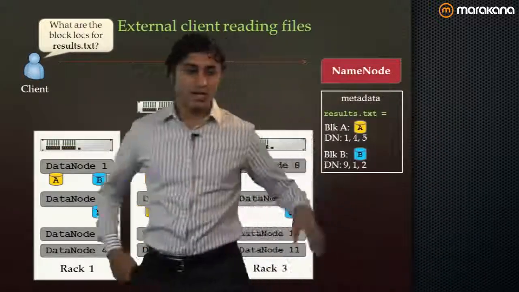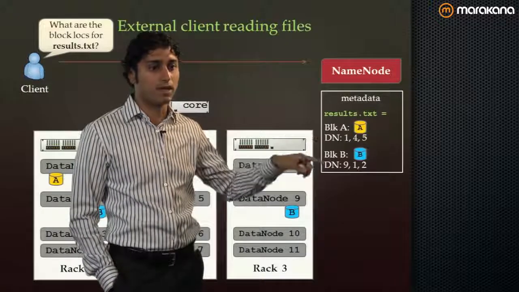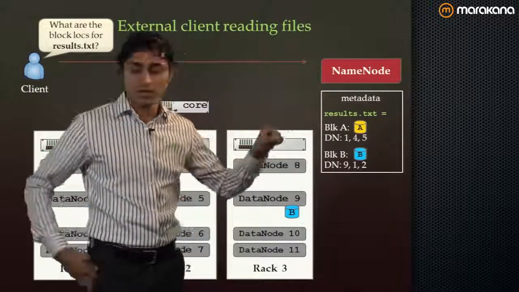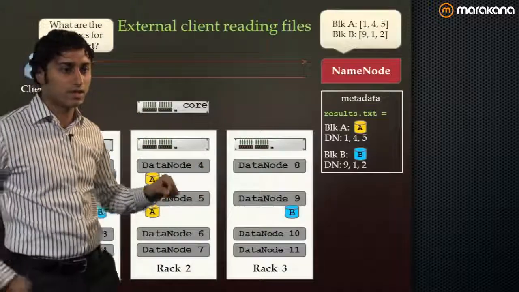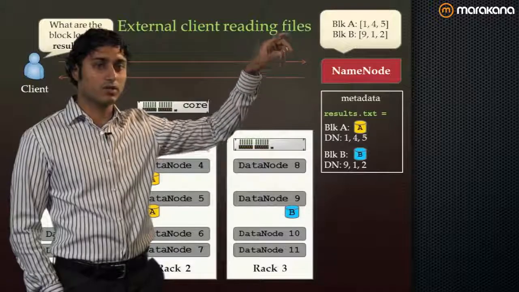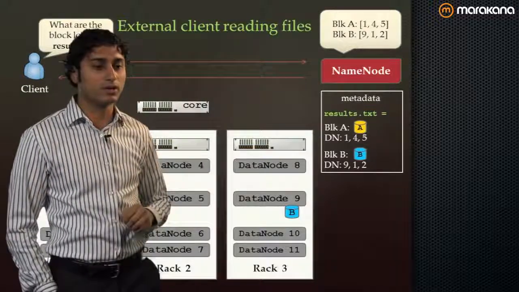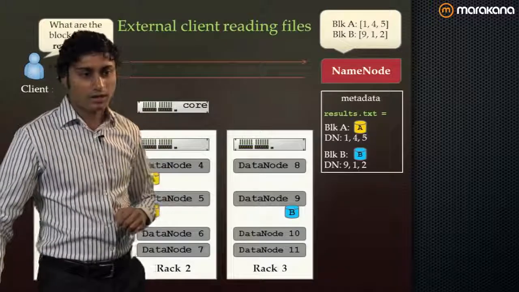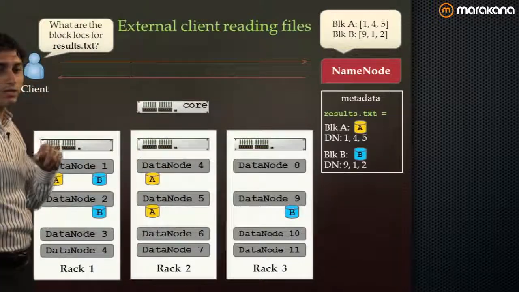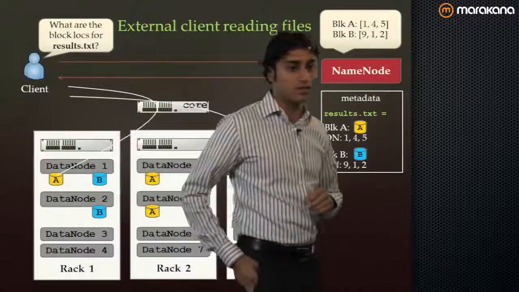And as you can see, the name node has in its metadata the block locations for block A and block B for that file. So the name node will respond back saying, there's two blocks in this file. Block A is on data nodes 1, 4, and 5, and block B is on data nodes 9, 1, and 2. And then once again, like before, the client will directly connect to the data nodes to read the blocks.